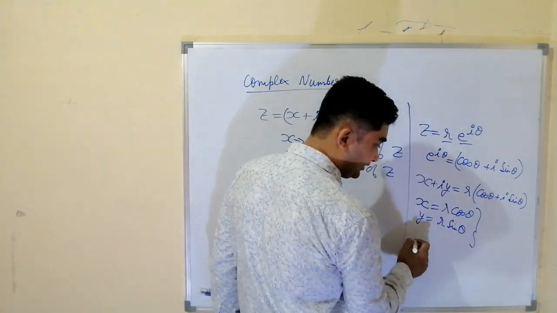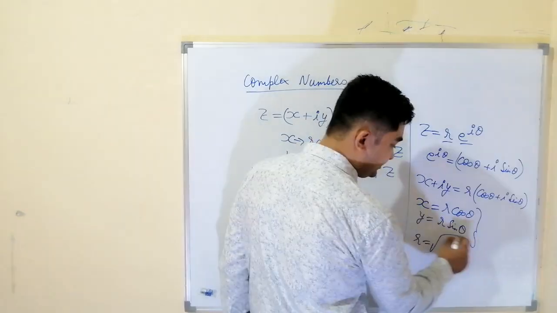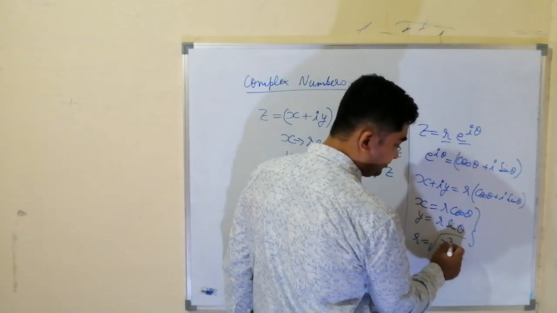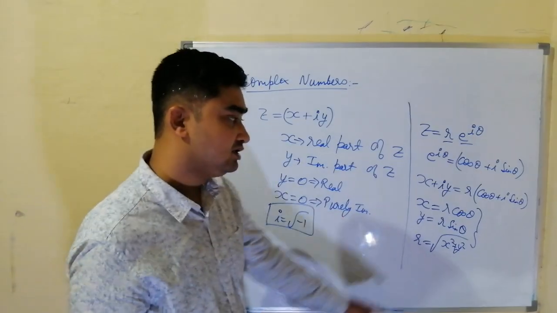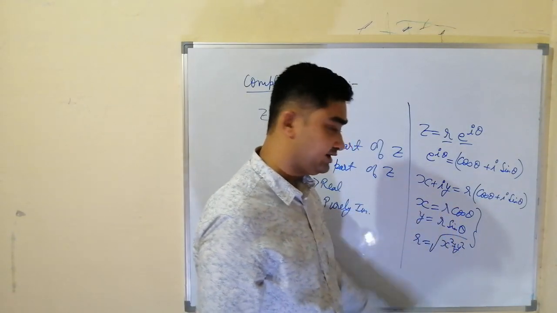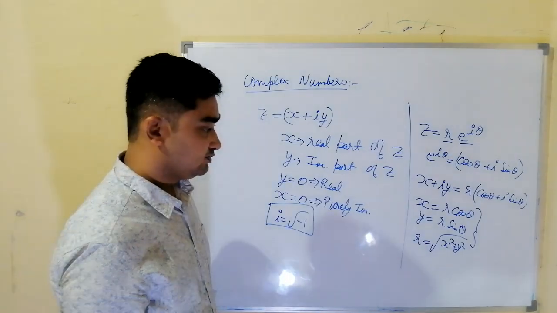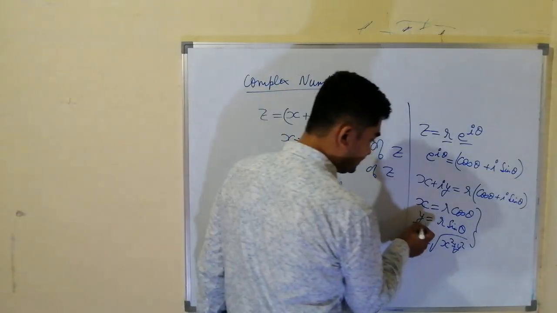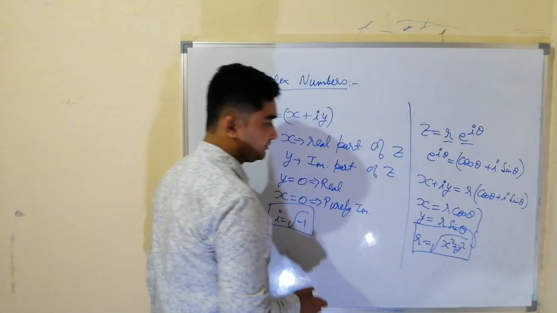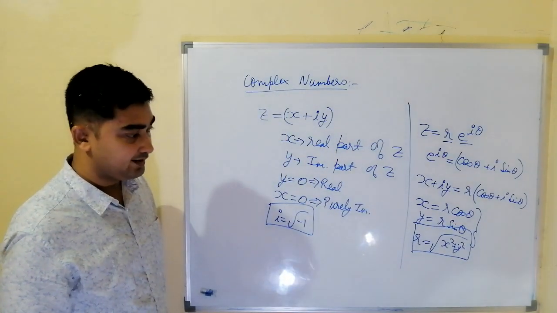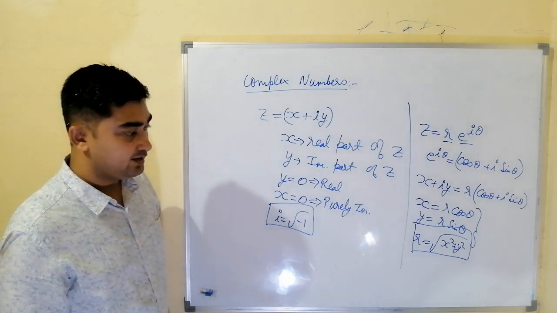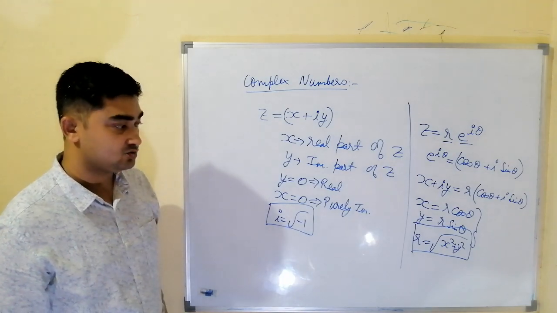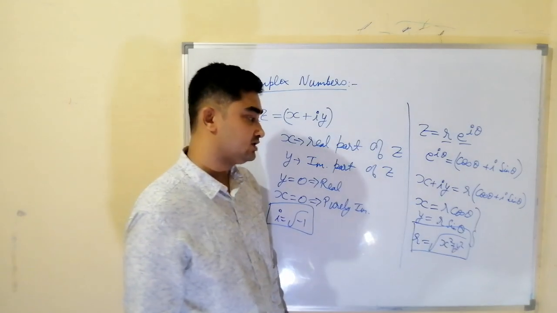Squaring and adding, because sin square theta plus cos square theta is 1, we get r as the under root of x square plus y square. This is the relation between r in Euler form and x and y in Cartesian form, where x is the real part and y is the imaginary part.